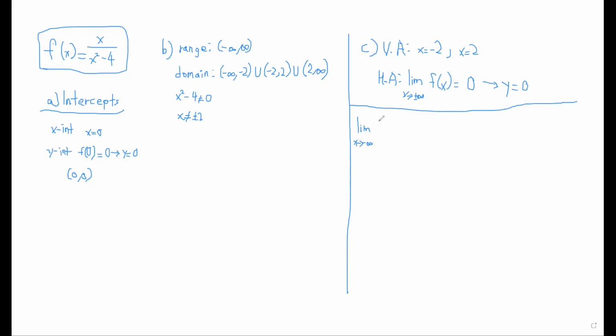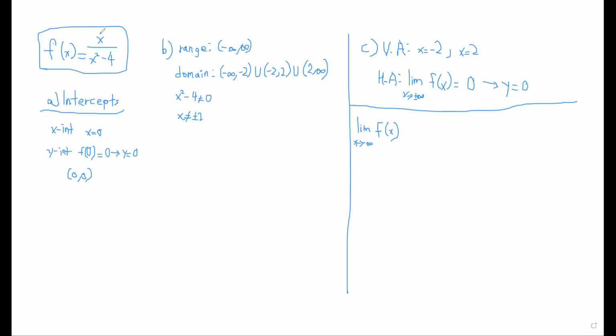Let's see from negative infinity first. Now, as x becomes a very large negative number, this would be positive.